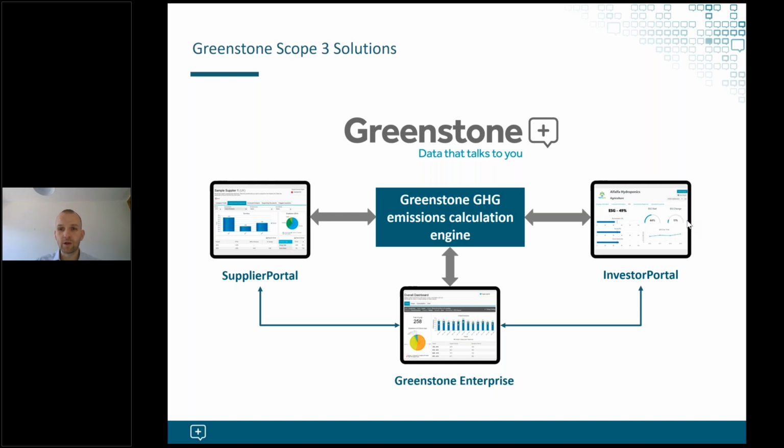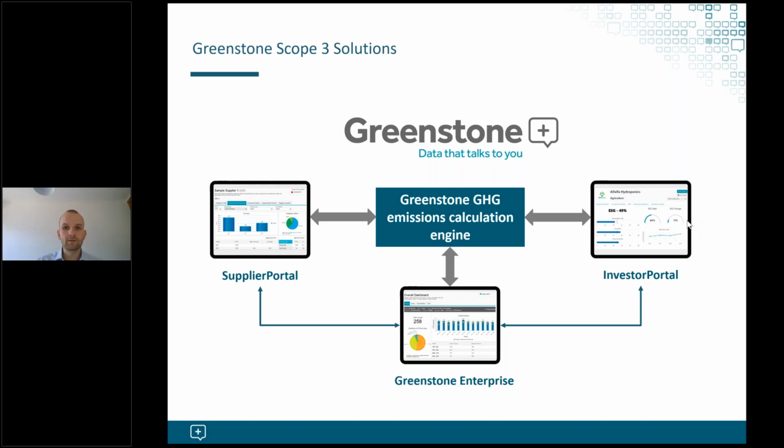So if you already have a good grip of the data, you can use that to calculate complete scope 1, 2, and 3 emissions. But then we also have the supplier portal, investor portal, complementary tools that can be used to collect primary data from those external organizations. So we have simple carbon emissions wizards, what we call wizards, that then collect the data in a very simple, streamlined way.